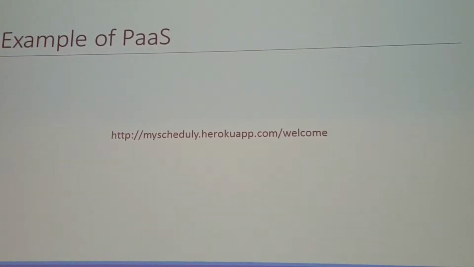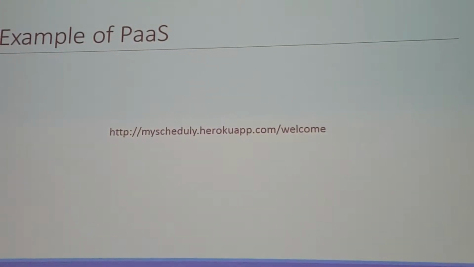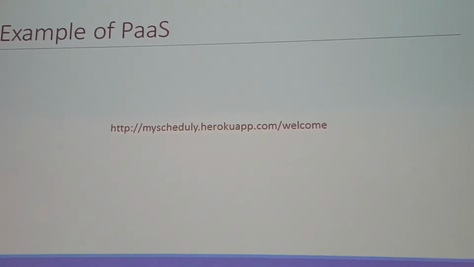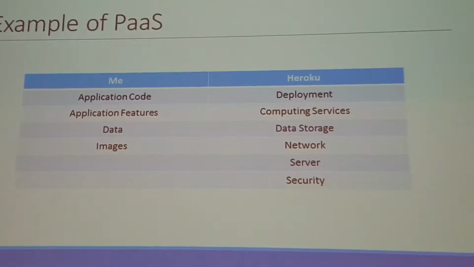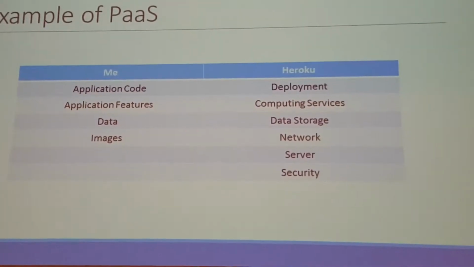So I have not worked with OpenShift, but I've worked with Heroku in the past. And this is an example of a website that I developed using Heroku for deployment. The idea is that I could focus on only programming the parts that are important for the application.